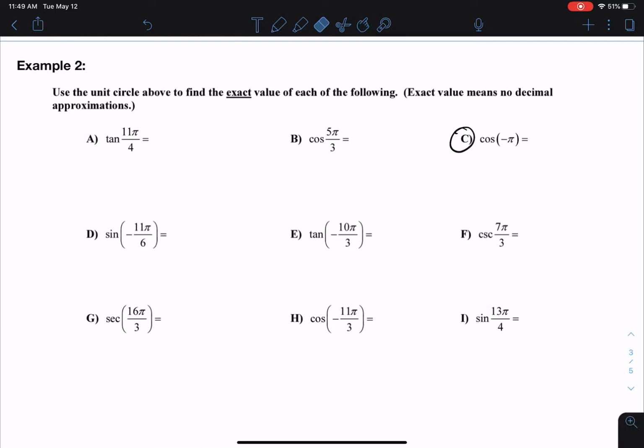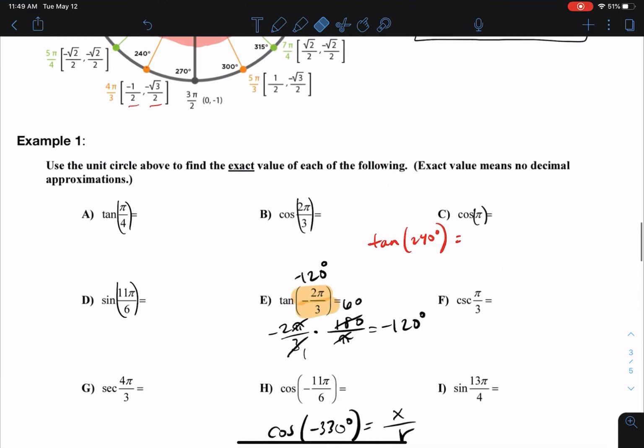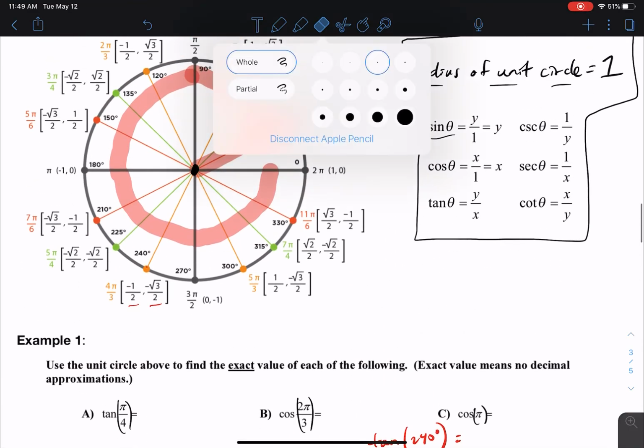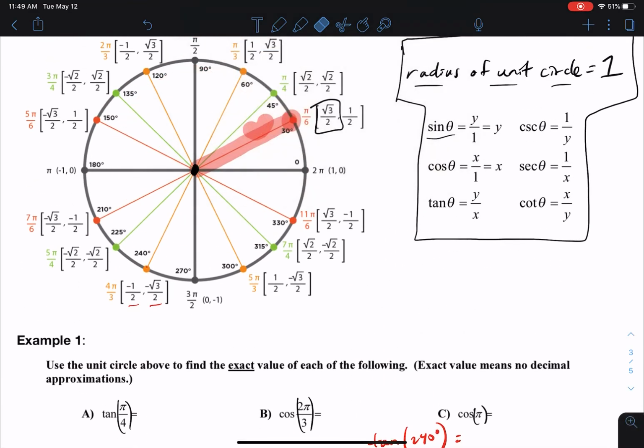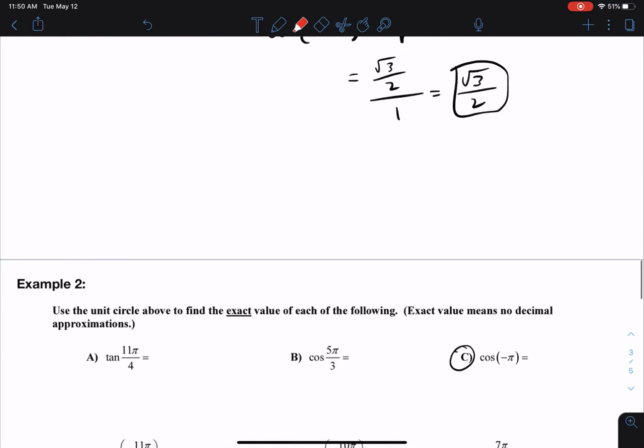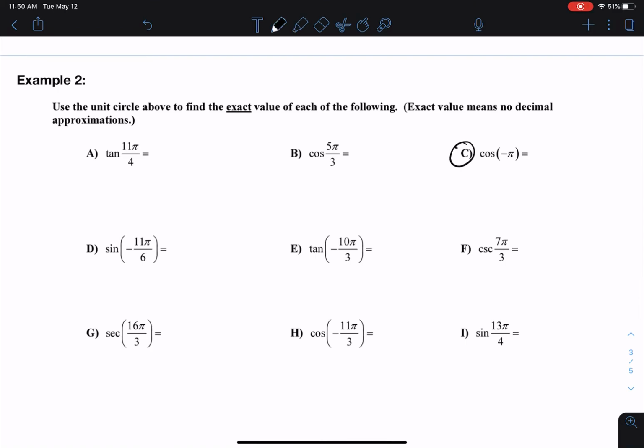I'm going to go in the negative direction pi radians, which is 180 degrees. This is pi over 2, or 90 degrees. This is pi right here. So negative pi is the same thing as negative 180 or positive 180.